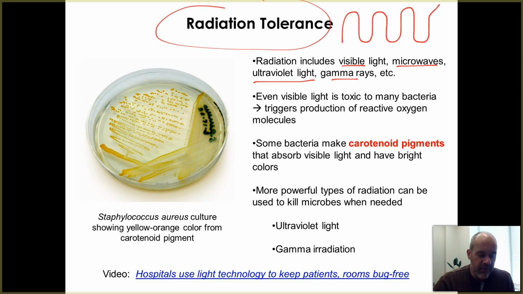Interestingly, even visible light is toxic to many bacteria. So these light rays, good old visible light rays that we get exposed to all the time, go inside the cells.